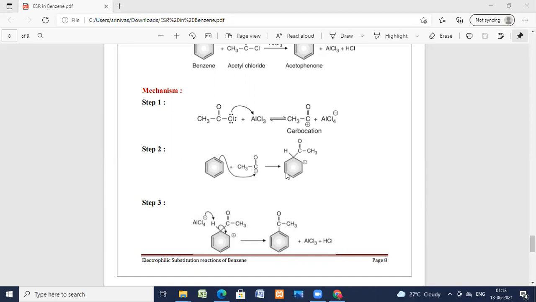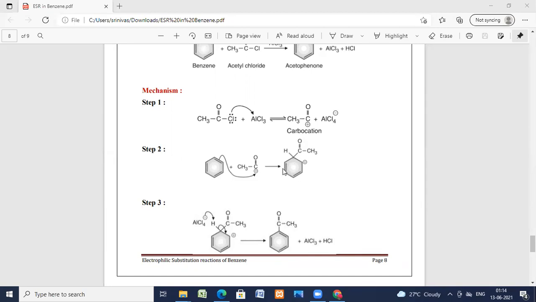Both of them form a bond. Here the previous positive charge and the newly formed negative charge give one more bond, and this carbon gets the positive charge. So the carbocation is shifting from ortho, para to ortho positions.